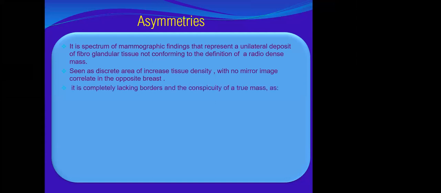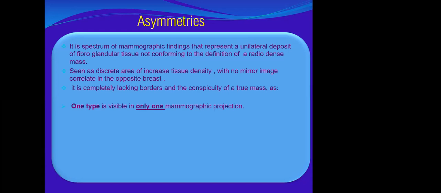Okay, on one side, as we said, not a mirror image of the opposite one, and completely lacking the borders and conspicuity of a true mass, as could be seen in one projection, which again is the criteria for definition of the mass.